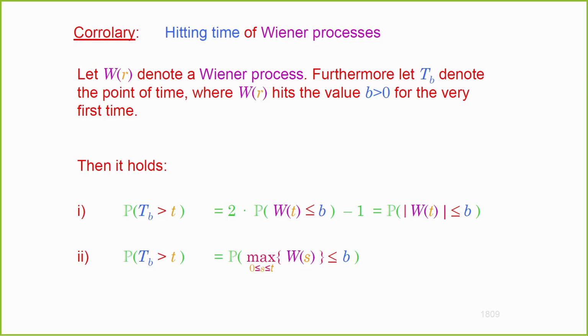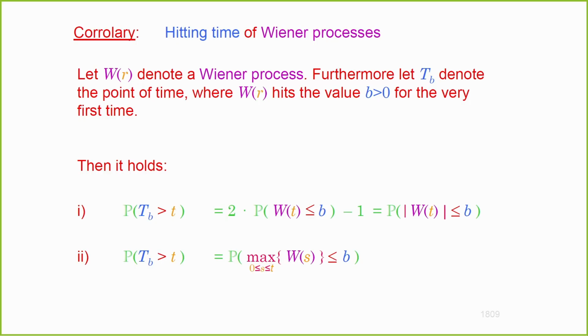Okay, so it should actually be less than b in this case, but this random variable is also a continuous one. It doesn't really matter whether it's less than or equal to, and those two are equivalent. So again, if the waiting time for the process to reach b is longer than the current point of time t, then this means that at the current point of time the process has not hit value b, because otherwise the waiting time would not be greater than that.